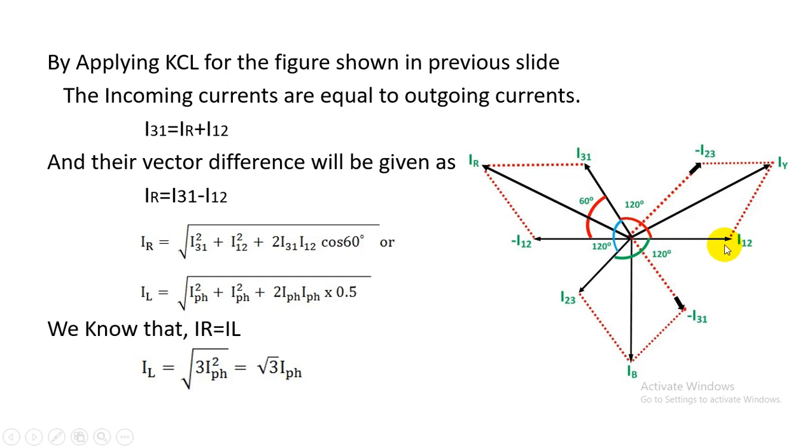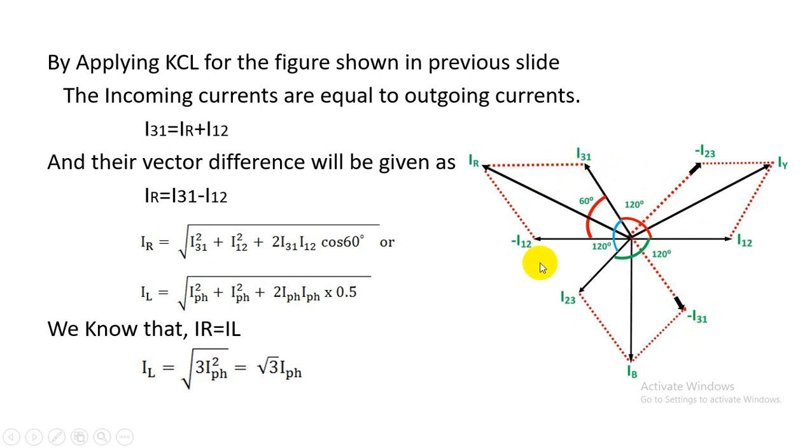Here I12 is the phase current which we take as a reference. From that I12 current, 120 degrees from it will become I23, and the mirror image of I23 will become minus I23. From this point, 120 degrees in the clockwise direction will become I31. The mirror image of I31 will become minus I31. So like that we have the phasor diagram.